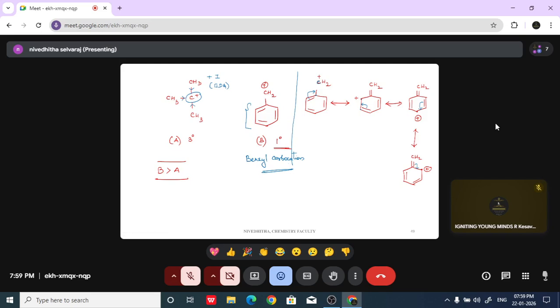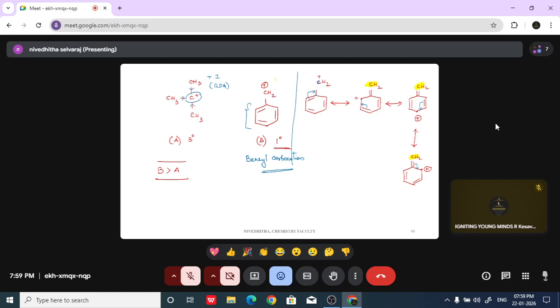The reason is, as far as benzyl carbocation is concerned, we have 4 resonating structures, and in these the positive charge is distributed to the other carbon atoms present in the benzene. And in most of the resonating structures, this carbon doesn't have its positive charge, right? Tertiary carbocation is just getting the moral support from all the 3 R groups. But in benzyl carbocation, the benzene is taking up the positive charge for some time.